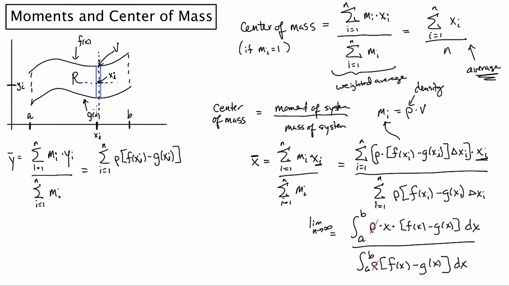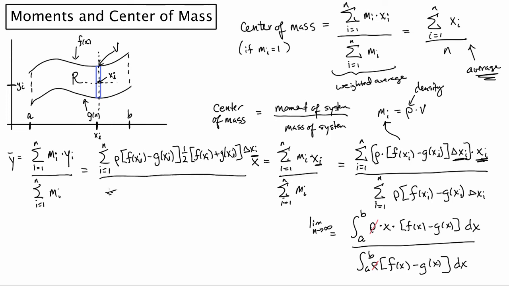In this case, it's the average of f of x_i and g of x_i. That's the average that takes place there. And then this would be times the delta x_i, just like we had here for that piece.